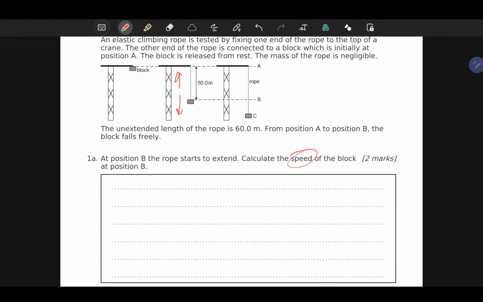So we're basically given parameters to find this. Looking through the SUVAT equations, we're given the length of the rope, which is basically the displacement. And we know that from position A to position B, the block falls freely. The fact that it says it falls freely means we know that it's in free fall. And when it's in free fall, the acceleration downwards is going to be equal to the acceleration due to gravity, which is 9.81 meters per second squared.